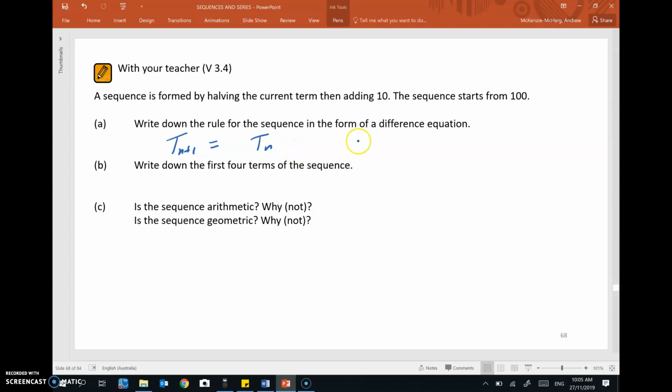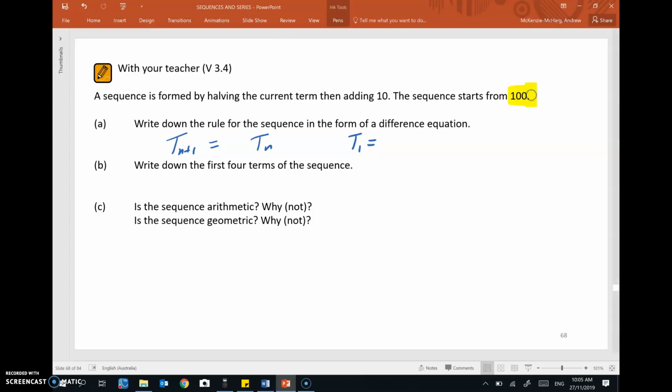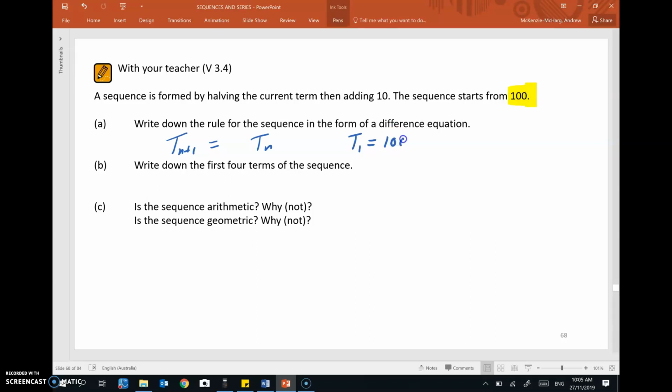Okay, now the first term in the sequence, we can call it T0 or T1. I'll just call it T1 this time, and we need to write that down as well. Now this sequence starts at 100, so that means that the first term of the sequence is 100. So we'll put that information there.